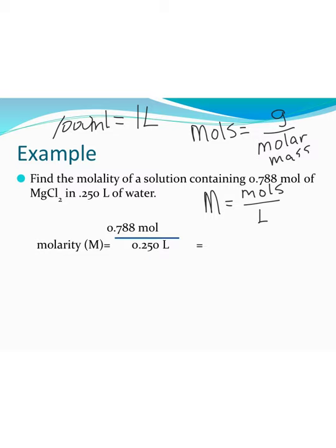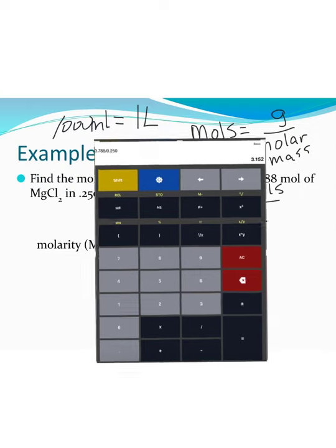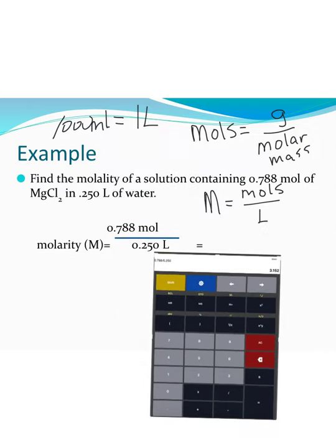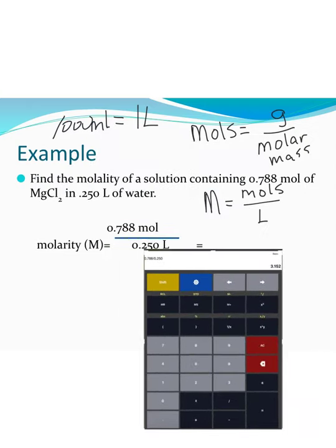I strongly suggest that you look into either getting some sort of app or something. All you need is a simple, basic scientific calculator for this. When I put in 0.788 divided by 0.25, I got back the answer right here, 3.152.